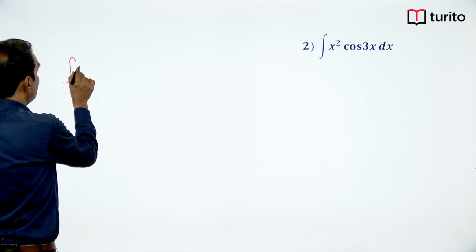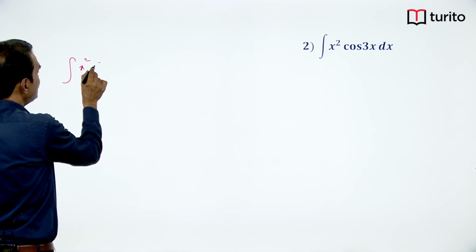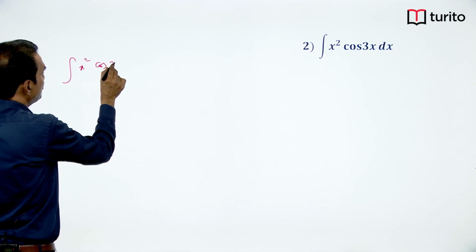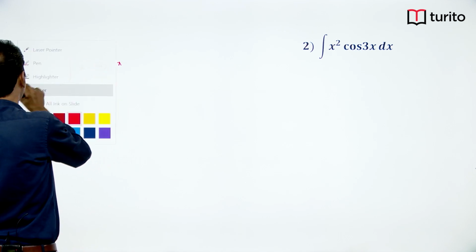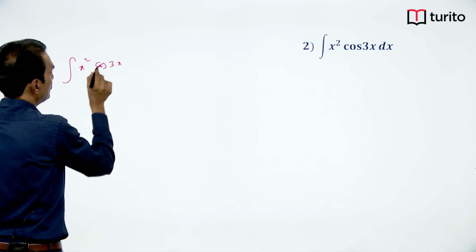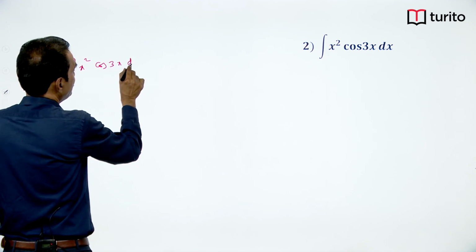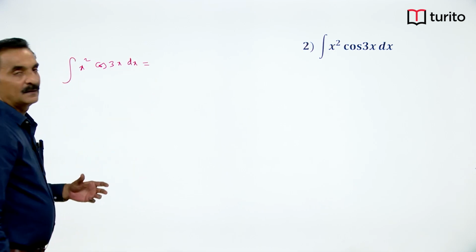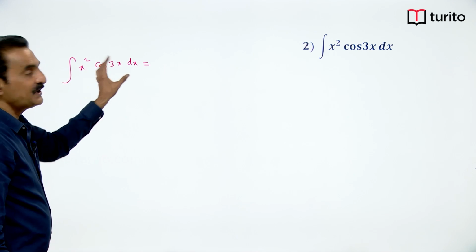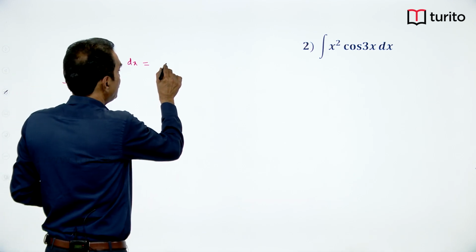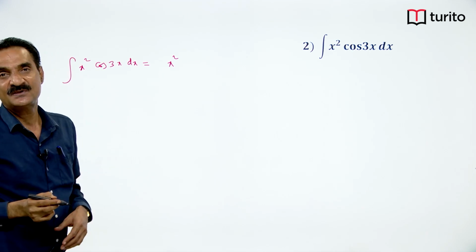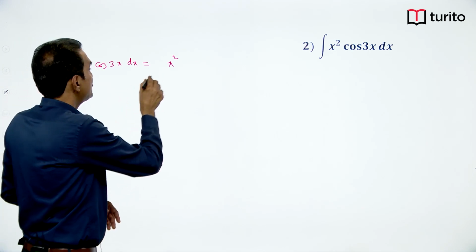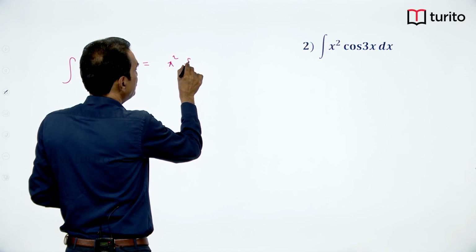Integral x square cos 3x dx, first function into integral of the second, x square into what is the integral of cos 3x? Sin 3x by 3.